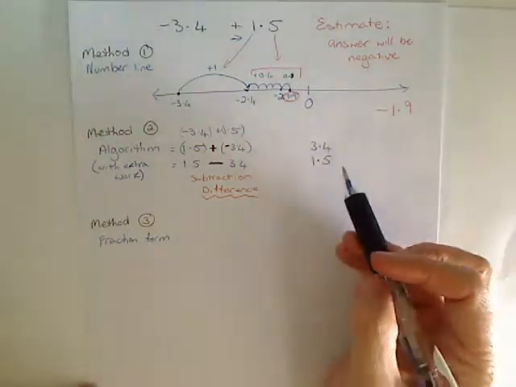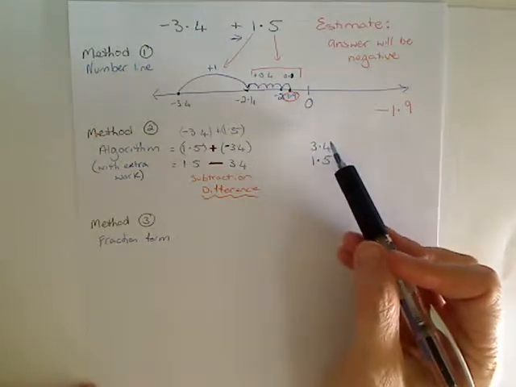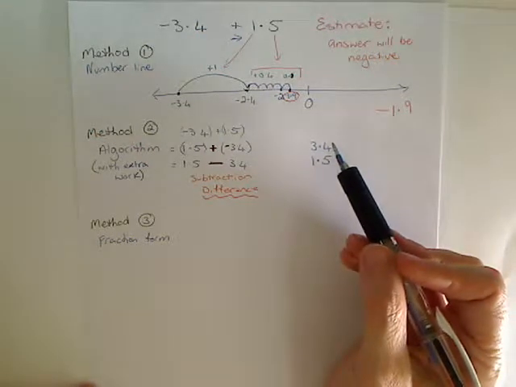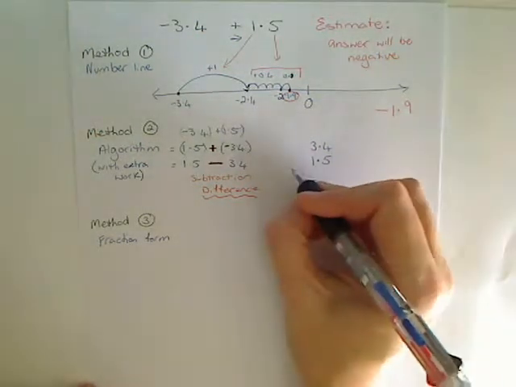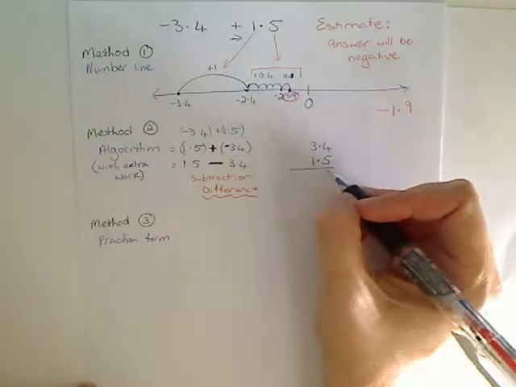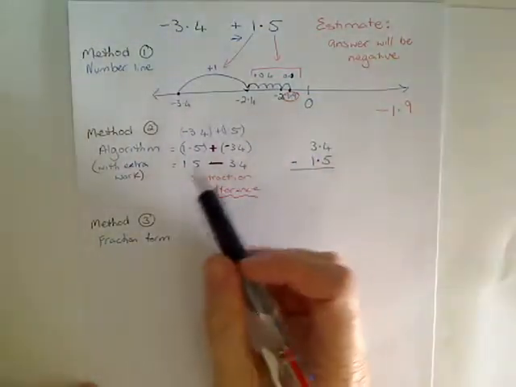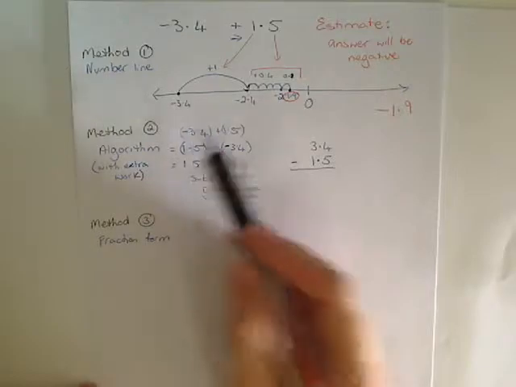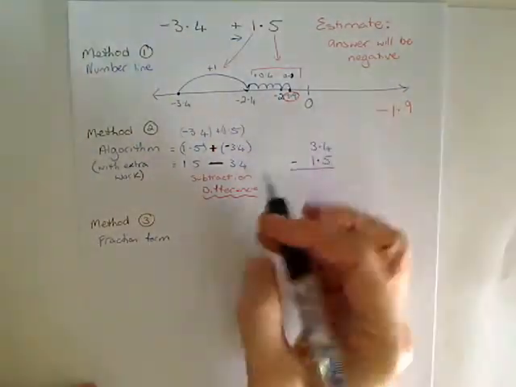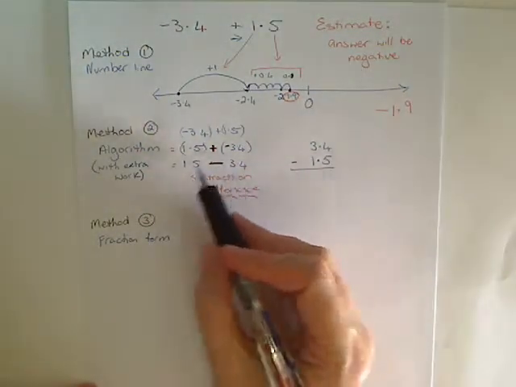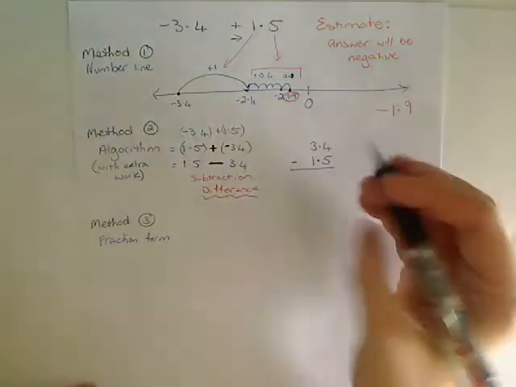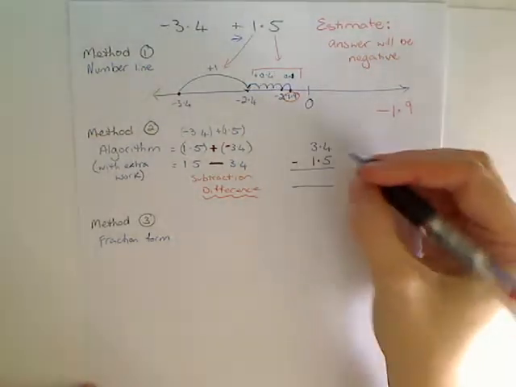And if you're thinking, hold on, isn't that number negative? You're right, we're going to take care of that later, but the algorithm cannot deal with negative numbers. So instead of trying to put negative 3.4 into an algorithm, we're thinking of 3.4 as some kind of subtraction, and it's a difference. So let's do that.